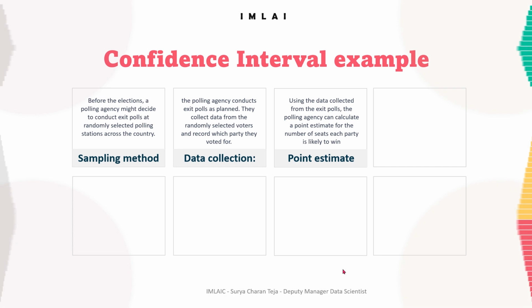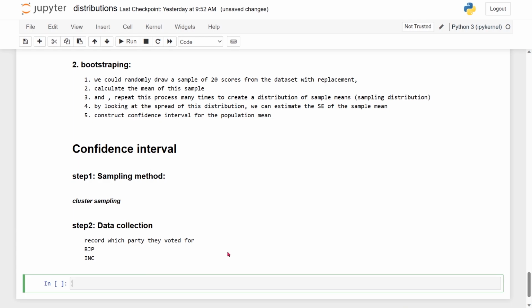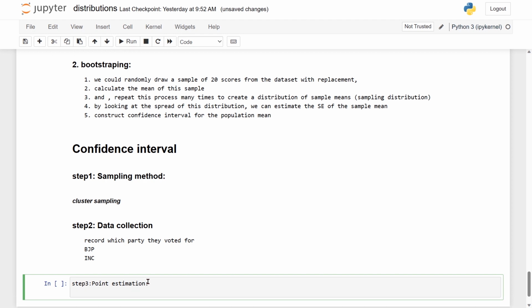For example, if the exit polls indicate that BJP has won 300 seats, then that's the point estimate. So step 3 is point estimate. If it says BJP has won 300 seats, this is our point estimate.